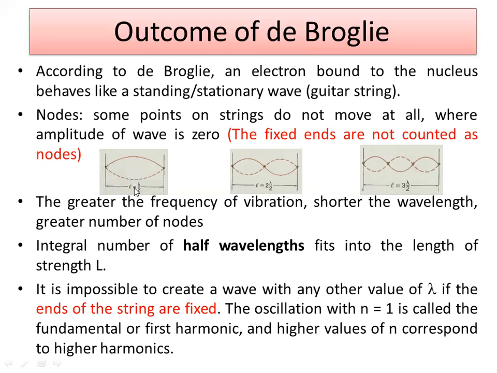We are talking about this system, okay. When the value of n is 1, we take it as a reference, so this will be the first. Of course, when n is 1, that is the first case of the oscillation, and higher values of n correspond to the higher harmonics. The further you go in harmonics, the higher the frequency you have, so that is actually the outcome.